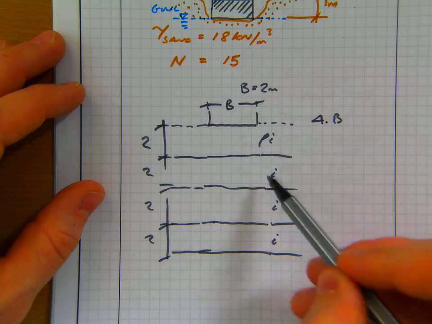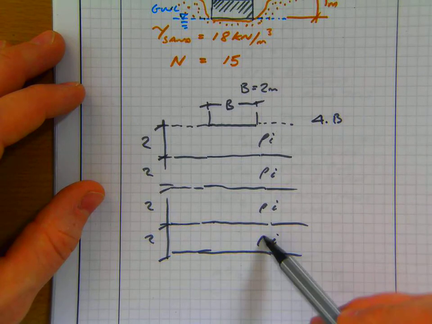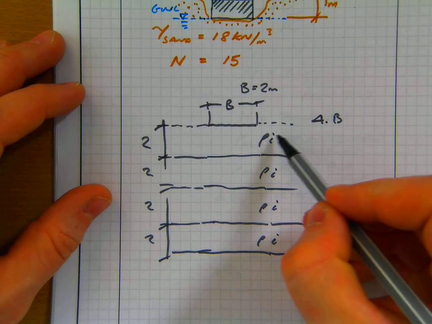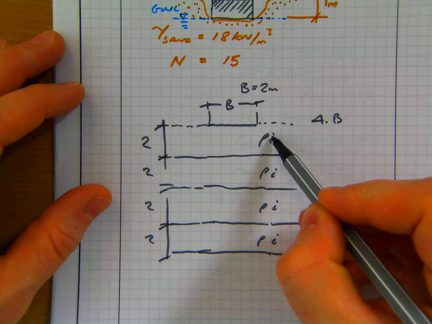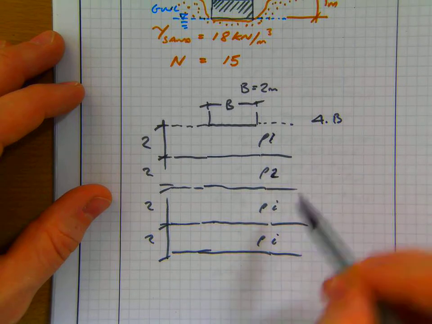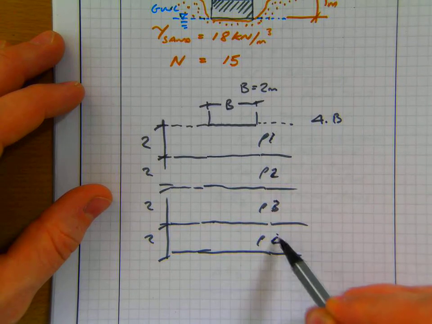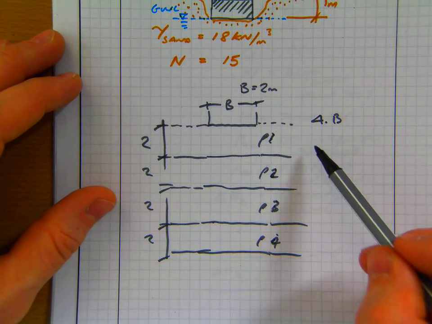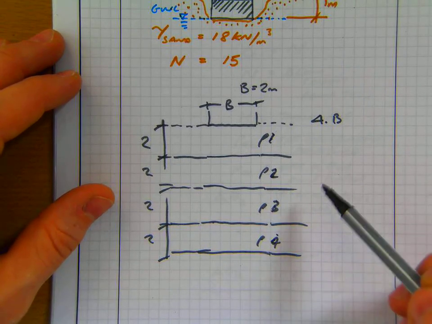So this will be the settlement for layer 1, 2, 3 and 4. And basically we do a little mini calculation for each one of them.